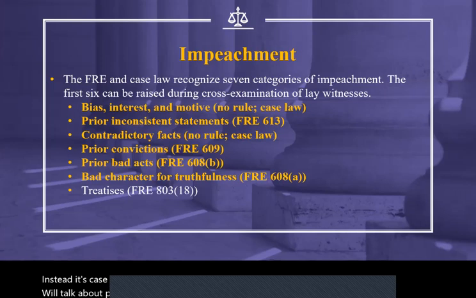And that's Federal Rules of Evidence 609. We'll talk about prior bad acts, Federal Rule of Evidence 608B. And then bad character for truthfulness, Federal Rule 608A. And again, treatises generally are reserved for expert witnesses, and beyond the scope of this course.